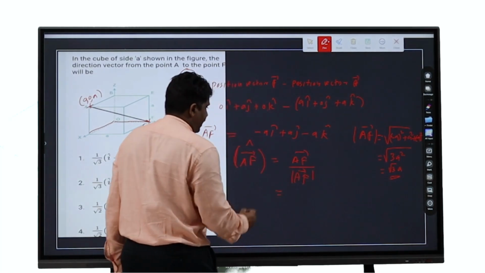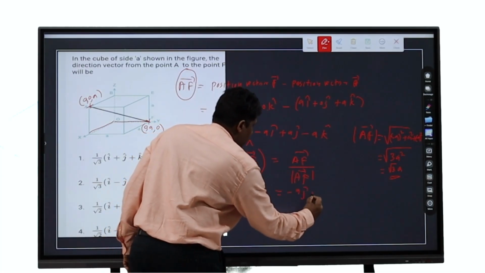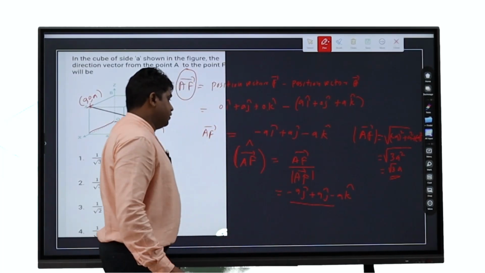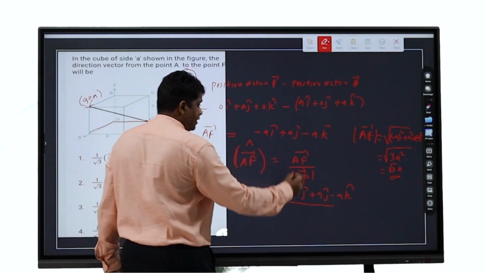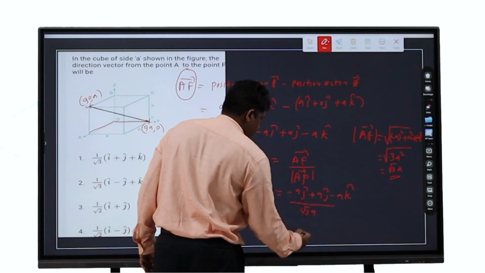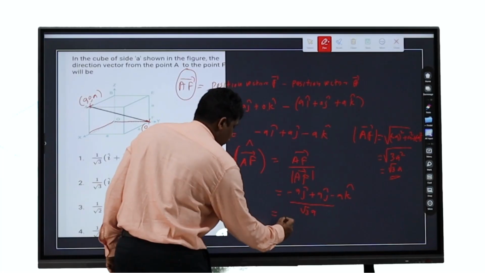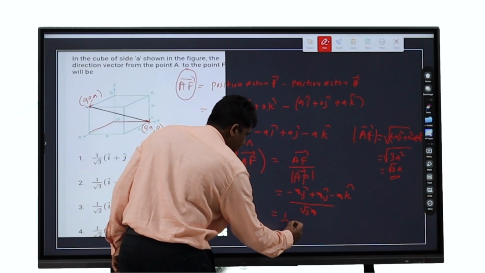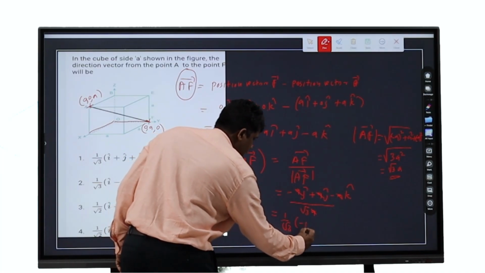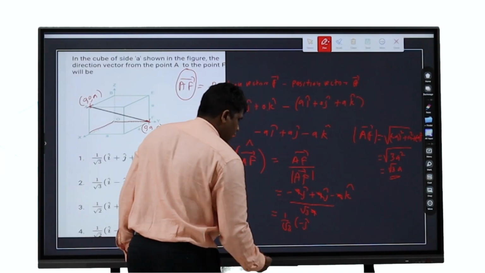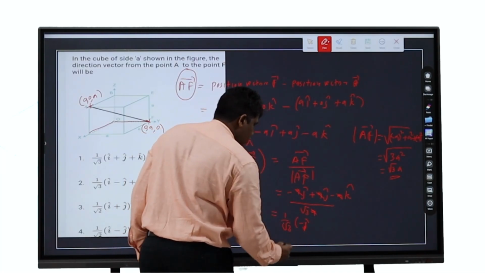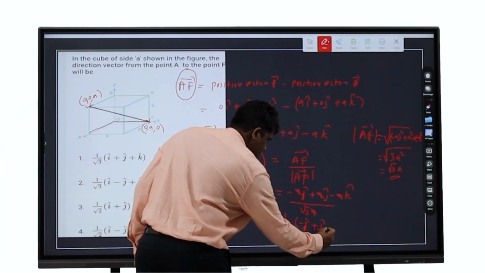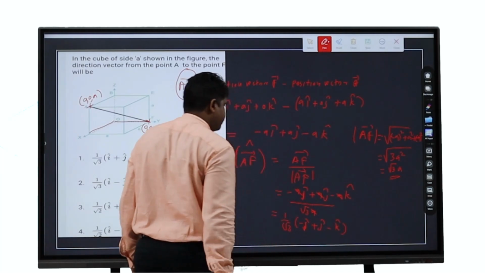The AF vector is minus ai plus aj minus ak. The magnitude of the AF vector we have already found is root 3 a. Then the a can be cancelled, and we get 1 by root 3 into minus i plus j minus k.